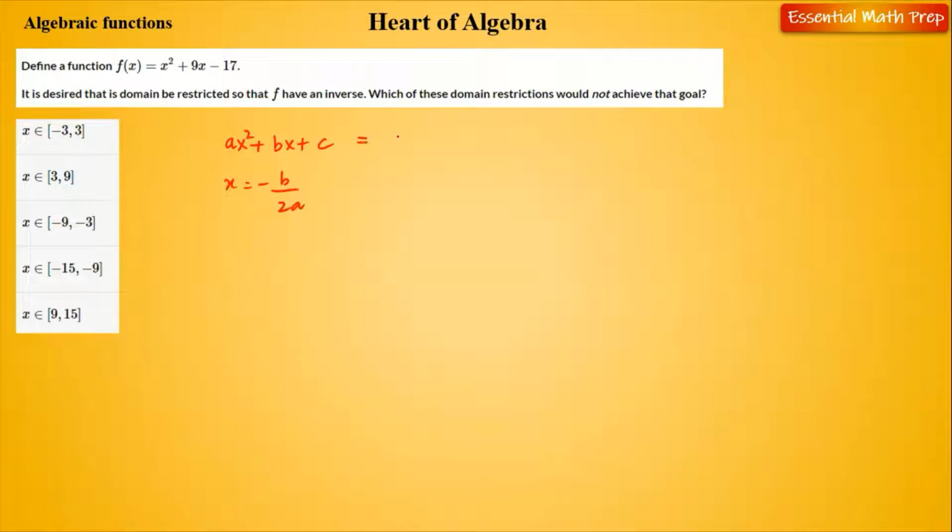If you match that to the expression given, x squared plus 9x minus 17, then a equals 1, b equals 9, c equals negative 17. That means it's negative 9 over 2, which is negative 4.5. Which of these intervals contain negative 4.5? It's this one right here. Because this interval captures x equals negative 4.5, f inverse of x does not exist.